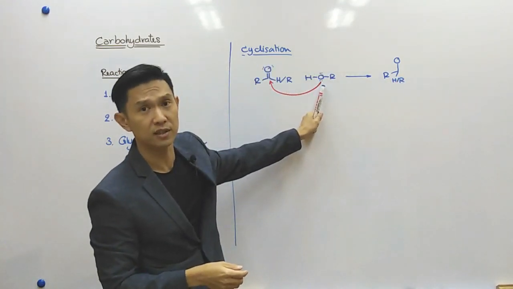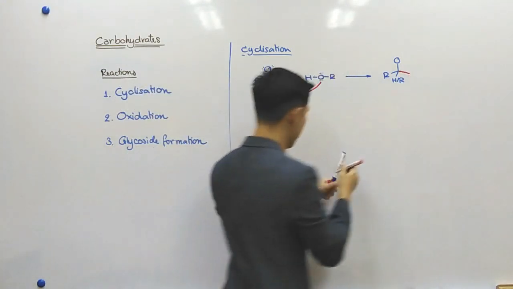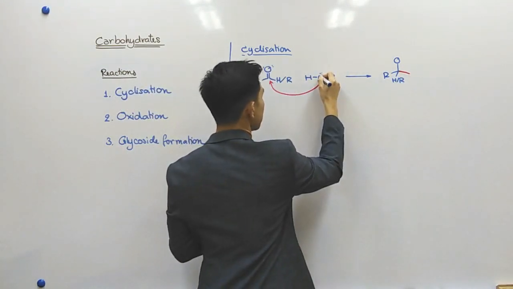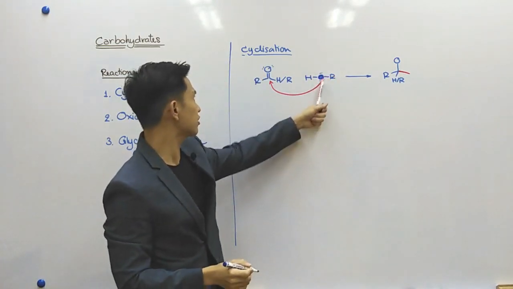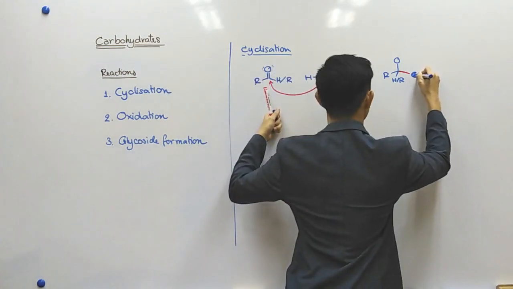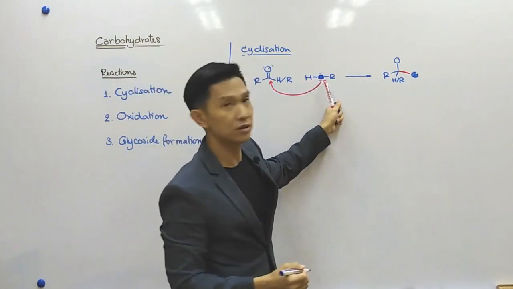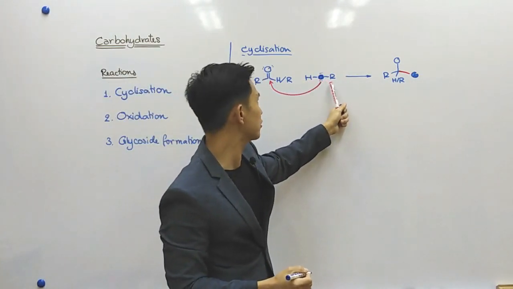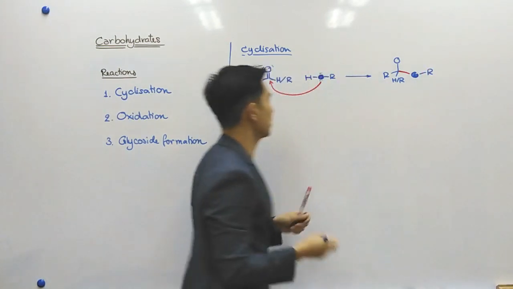Now your oxygen reacts with this one. I would label this oxygen with blue color. So this oxygen reacts with the C, right? So you connect O and C together, okay? And then the O is bonded with the R group. So this is your R group, okay?